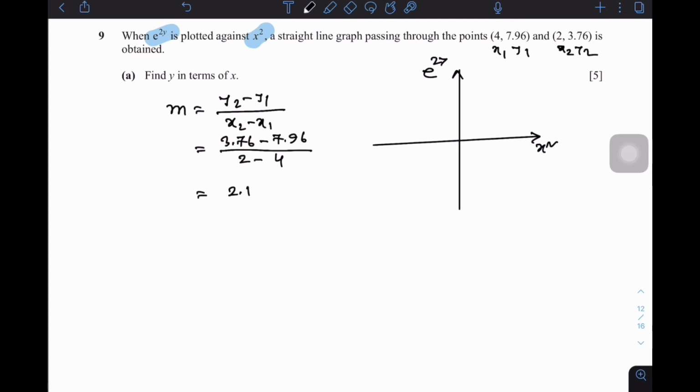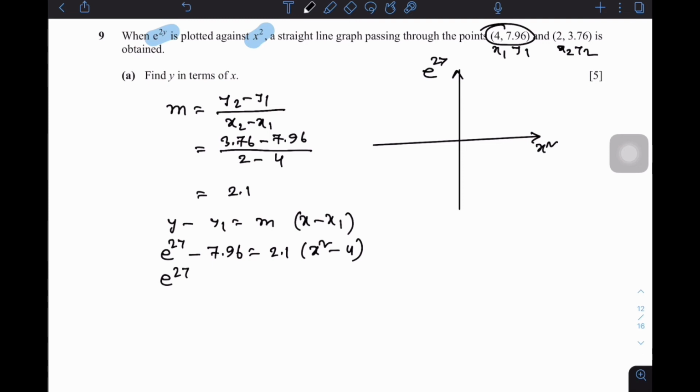We know the equation of a line is y minus y1 equals m times x minus x1. So let me substitute. Here y means e to the power 2y, and we can consider any values from here. y1 can be 7.96, m is 2.1, x is x square, since we considered x square here, and x1 is 4.